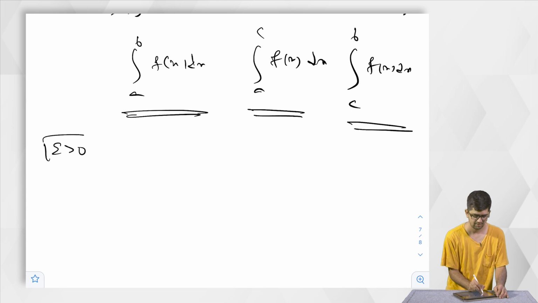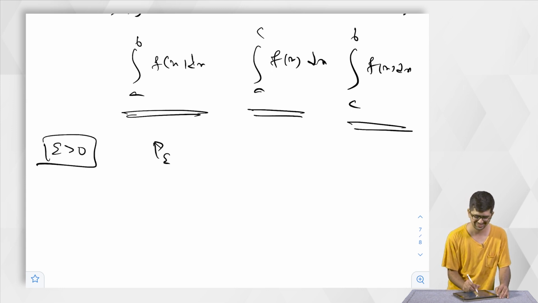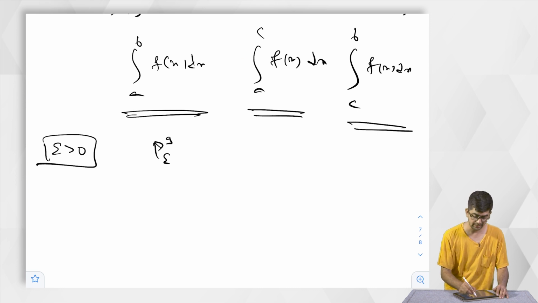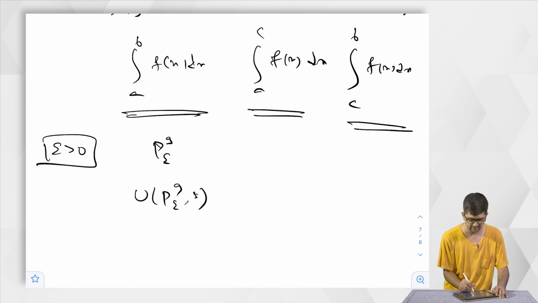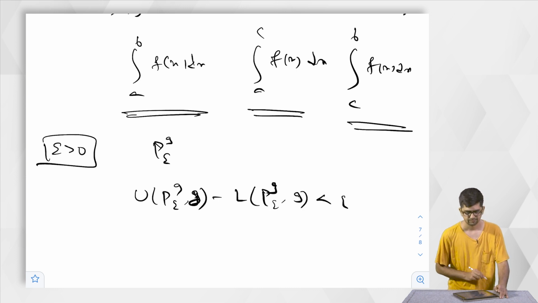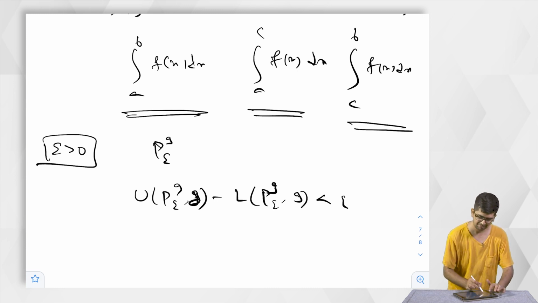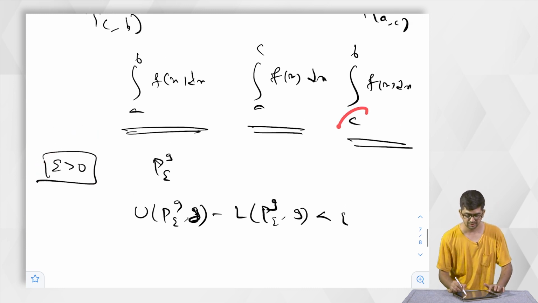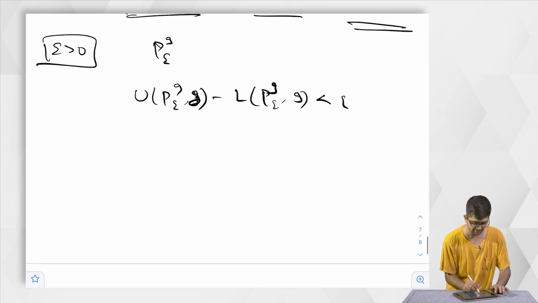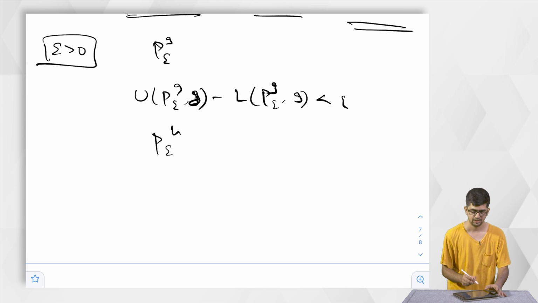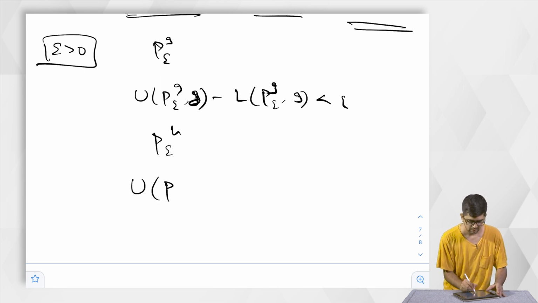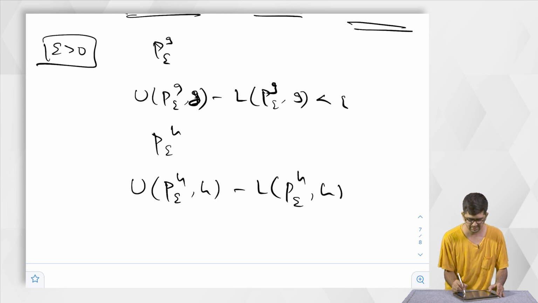Given epsilon positive, there exists a partition P epsilon g of a comma c such that U(P epsilon g) minus L(P epsilon g) is less than epsilon. Same thing for the same epsilon: there exists a partition for c comma b that I am writing as P epsilon h, such that U(P epsilon h) minus L(P epsilon h) is less than epsilon.